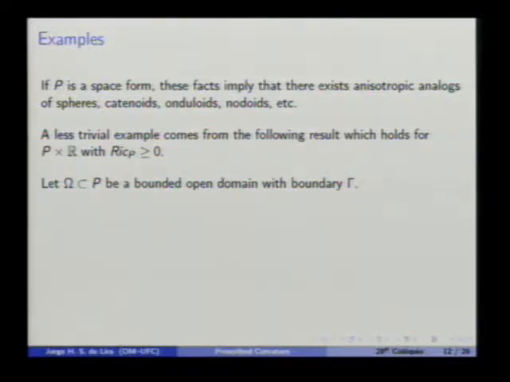You take a domain in this leaf P, in this totally geodesic hypersurface. Omega is an open bounded domain with boundary gamma. You take the cylinder over the boundary of omega. You suppose that this cylinder is a barrier in the sense that the cylinder has non-negative mean curvature in the anisotropic version of it. So the cylinder has non-negative anisotropic mean curvature.